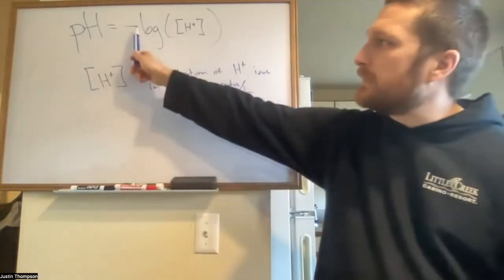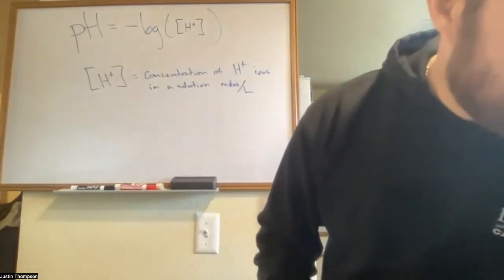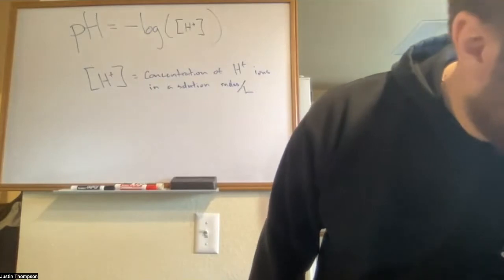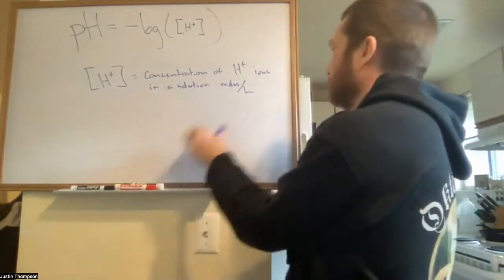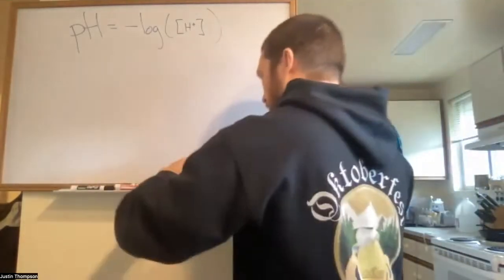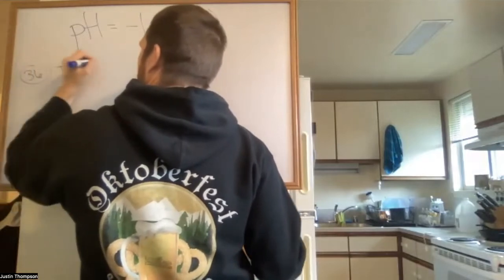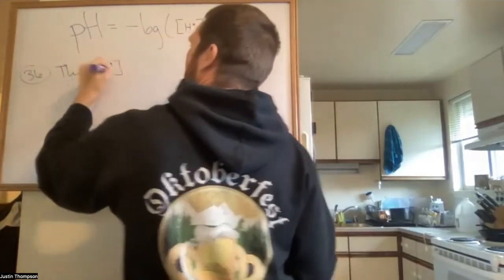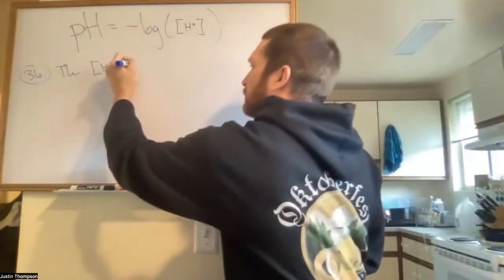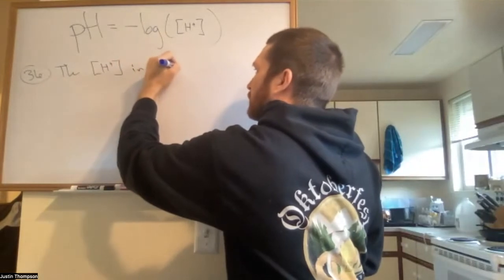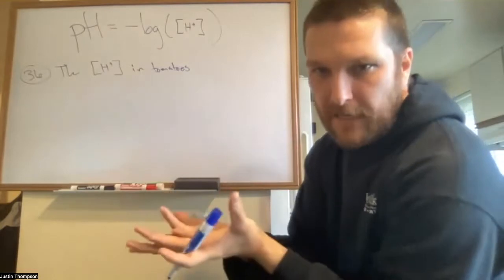And this happens to be negative log. Let's see why that's the case. Why would they define it as the negative log? Well, let's see. It's number 36. Number 36 says that the concentration of H+ in a tomato, that's all I guess we could think about if you were to take the juice of a tomato, right?